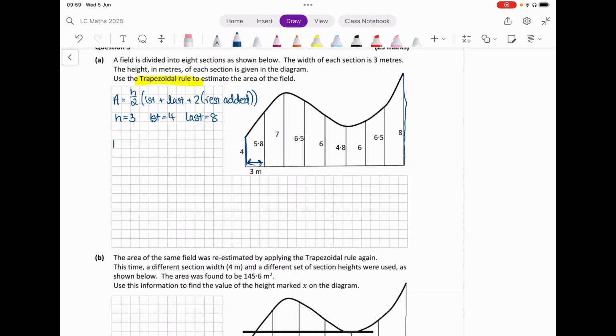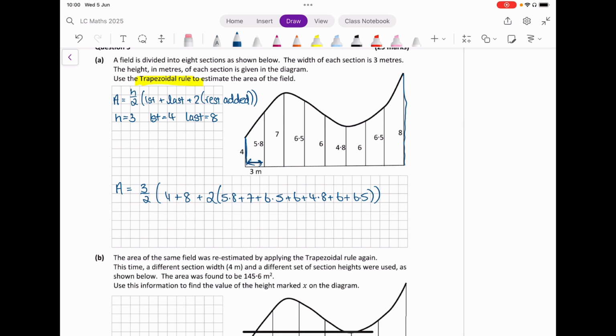So the area of this shape is going to be equal to 3 over 2 by the first 4 plus 8 plus 2 times all the rest of them added together. So that's 5.8 plus 7 plus 6.5 plus 6 plus 4.8 plus 6 plus 6.5.